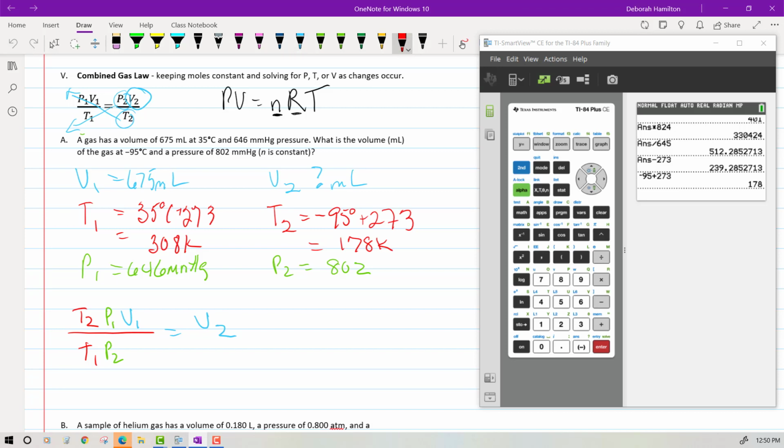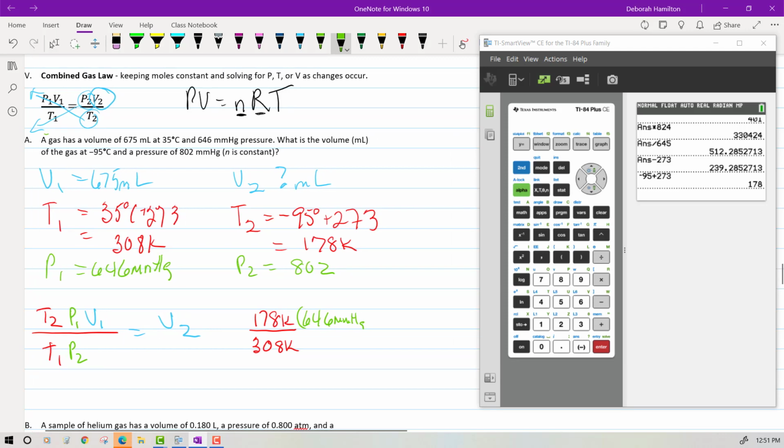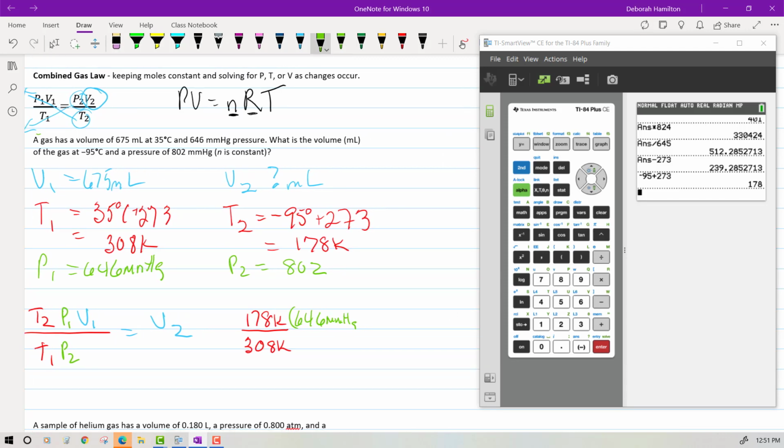All right, so T2 is 368, so that's going to go on top. My T1 is 308, so that's going to go into the denominator position. All right, then let's bring in the pressure. P1 is 646 millimeters of mercury, and on the bottom we have 802.